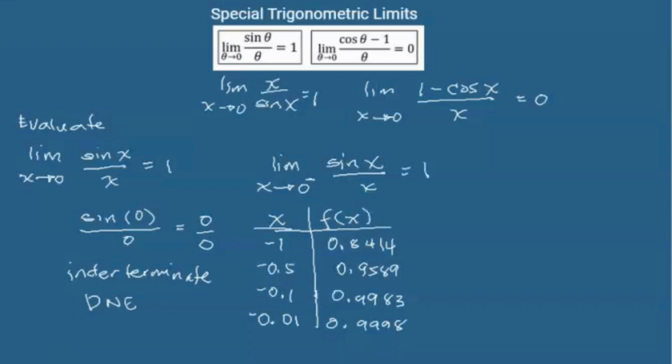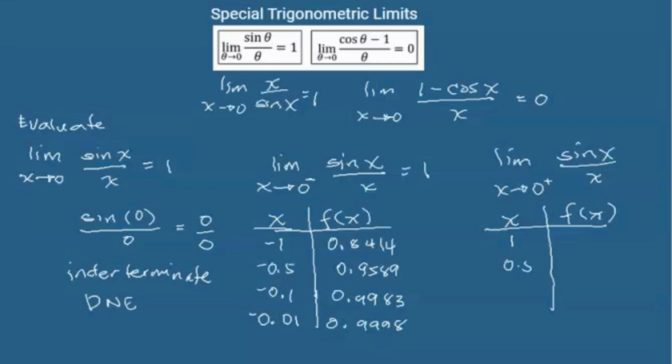Next, let's do the limit on the right hand side. Sine x over x as x approaches 0 from the right. Once again, construct a table. From the right we have 1, 0.5, 0.1, 0.01. Let's get our calculator to evaluate this.